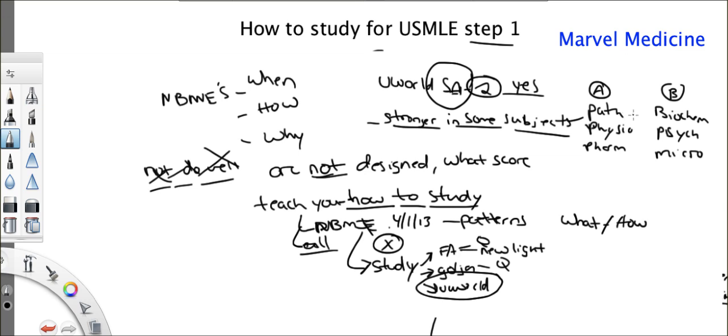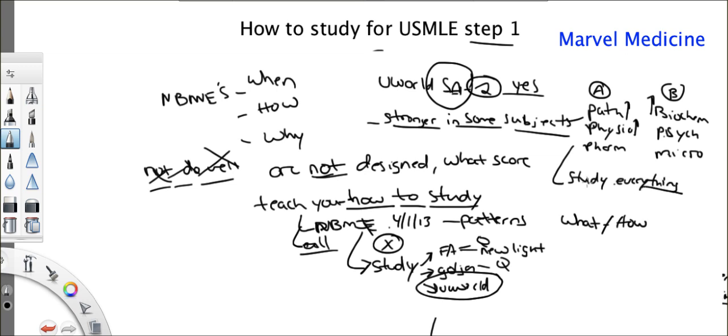But on Step 1, you tend to get more questions in certain subjects than others. Student A has a probability of getting a test filled with Path, Physio, and Pharm, but they also have a probability of getting a test filled with Path, Physio, Psych, Micro, etc. They might not get Pharm as much as student B might get Pharm. So that's what it is. It's a roulette game. You never know what subject they'll go hard on in your test. So that's the reason why you have to study everything.